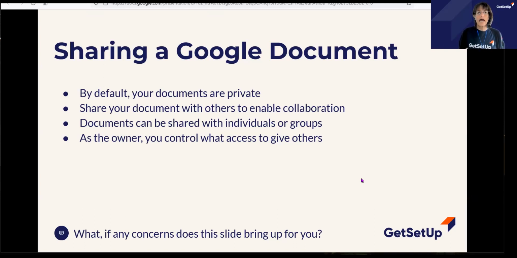So just know that by default, everything is private. But once you start sharing files, folders, photos, that's when you provide others access to them. And I'm going to talk you through this. You'll see how we do this.